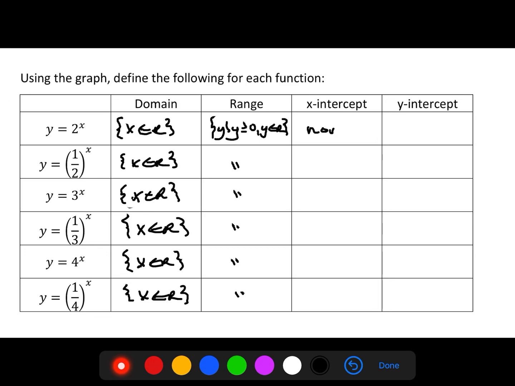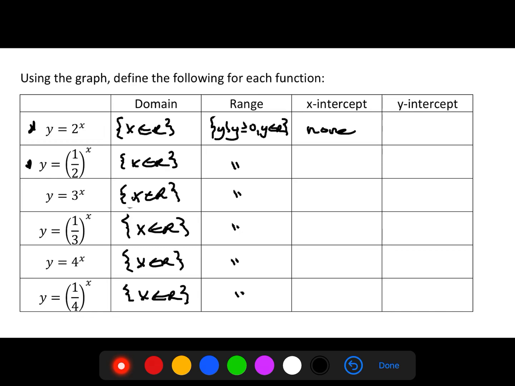Now, our x-intercept, there isn't one. As we talked about, y can never be equal to 0. For the case of y equals 2 to the power of x, when we have our negative exponents, it's going to get closer and closer to 0, but it's always going to be a fraction.